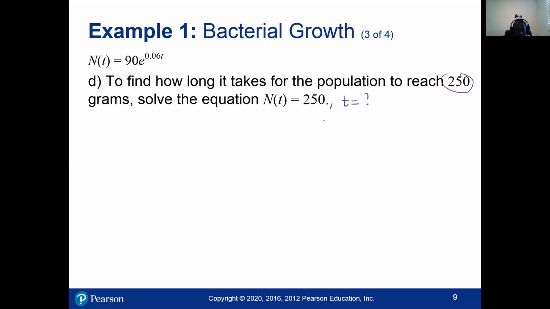So we solve this equation: N of t is 90 e raised to 0.06 t. We equate this to 250, then we solve for t.